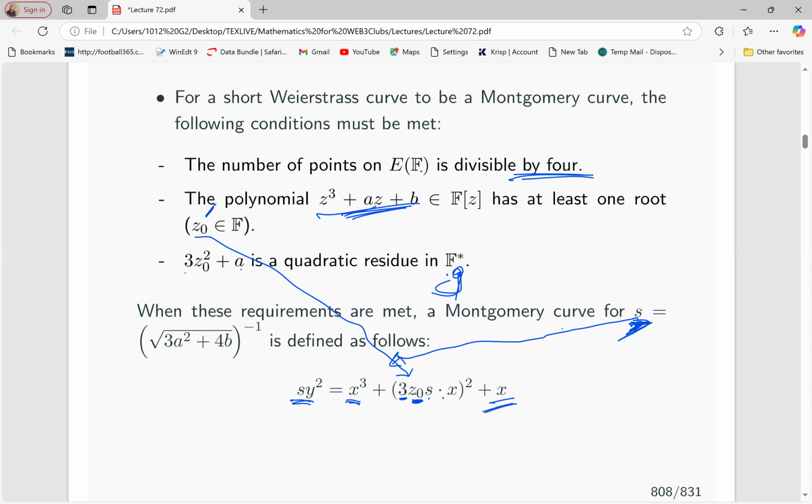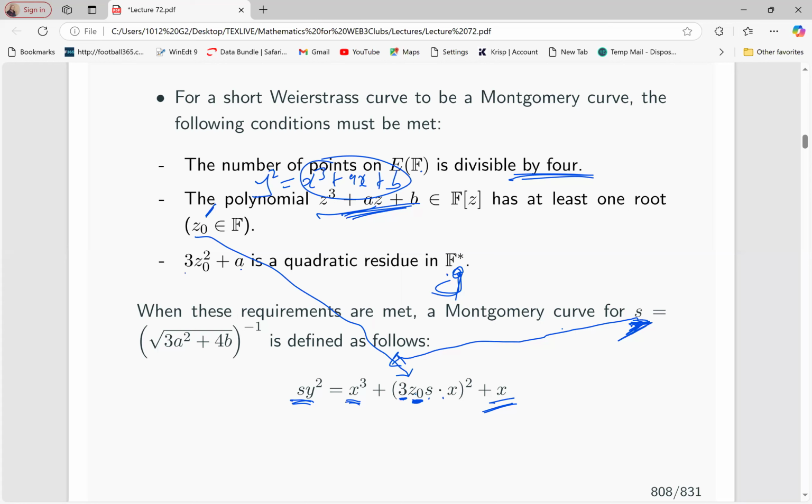If that is true, then go to the right hand side of that equation. On the right hand side, we have a cubic equation. Find out whether this cubic equation has a root. If it has a root, then the second condition has been met.